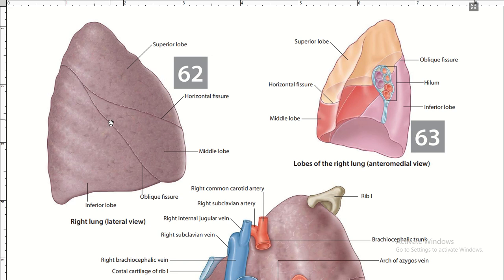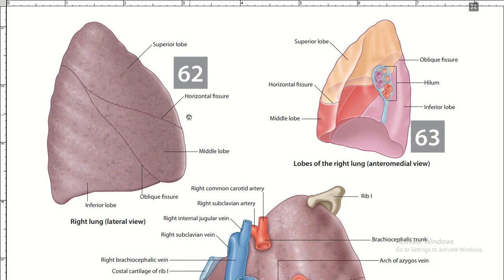So your oblique fissure will run through the 6th intercostal space. As for your horizontal fissure, it will be a line in the 4th intercostal space that will meet the oblique fissure at the mid-axillary line within the 4th intercostal space.